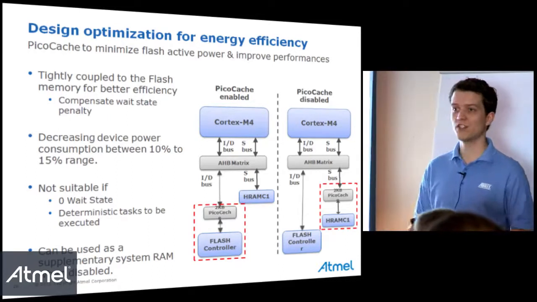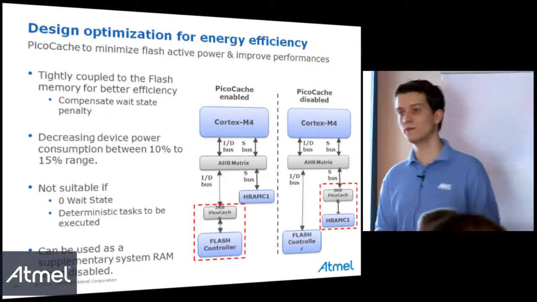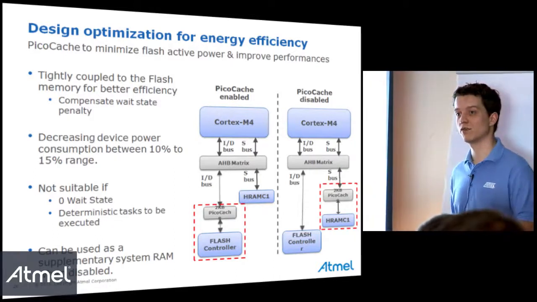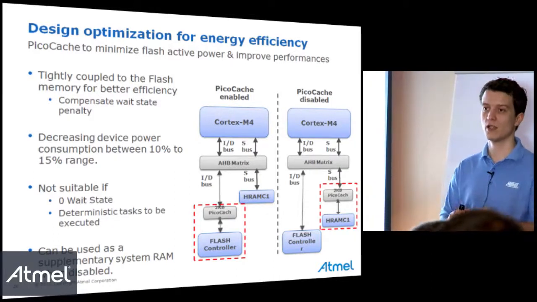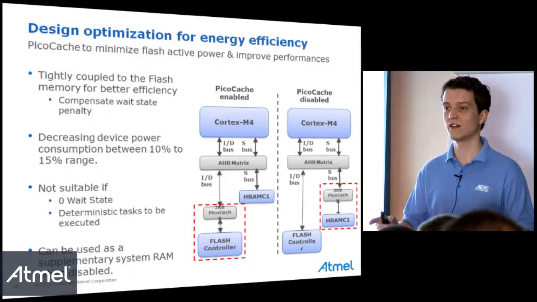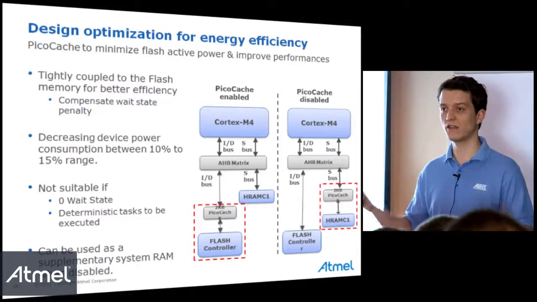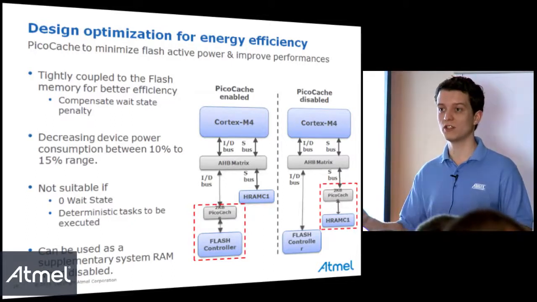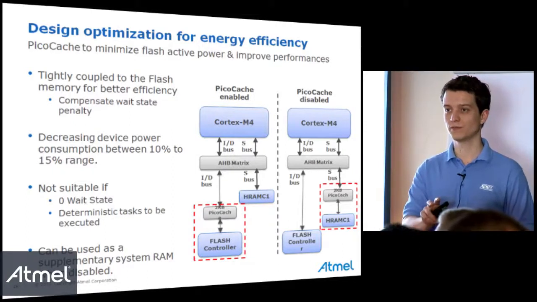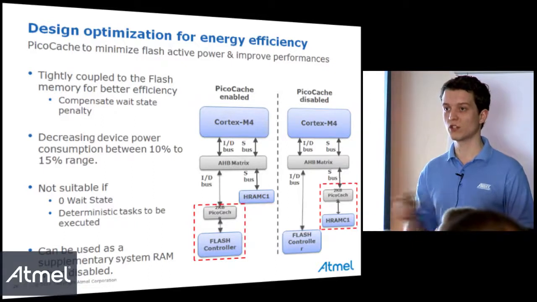The Pico cache is made from SRAM technology, so it's 2K bytes of SRAM, which is really close to the flash. As soon as the core fetches data or instruction in the flash, when the cache is enabled, it will automatically copy the instruction into the cache. Then, the next time the core requires the same instruction and data, instead of going into the flash, it will go into the cache.